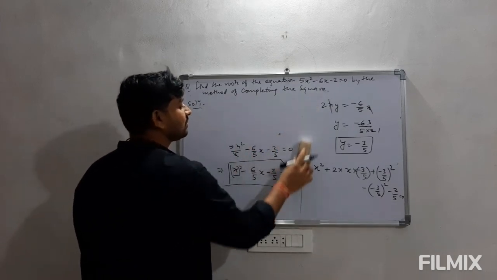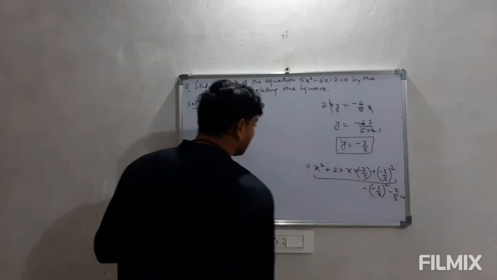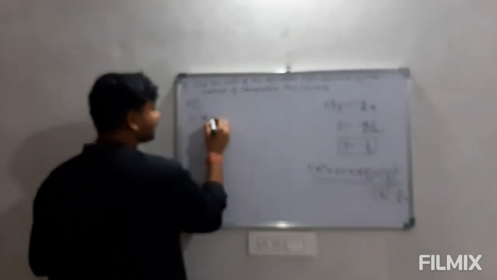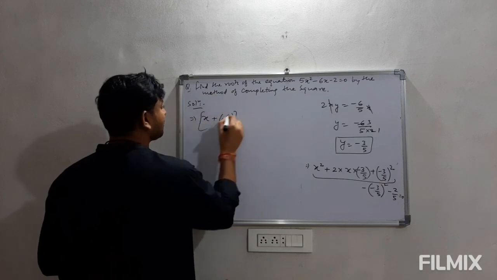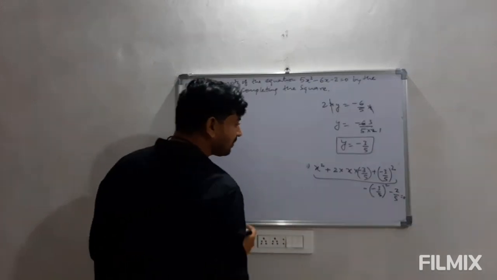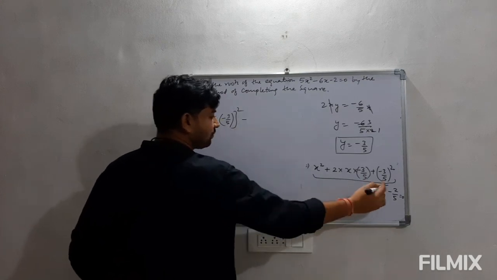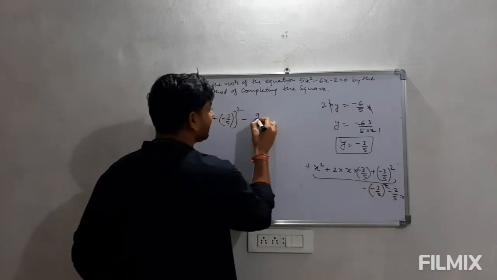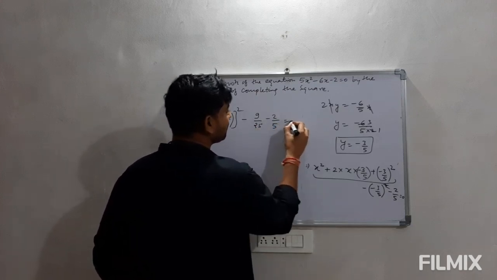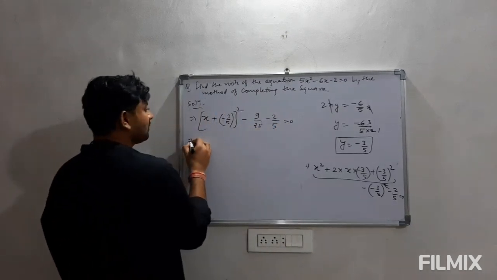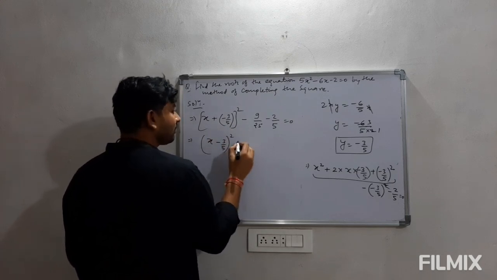Now when we look at this whole expression, this is a perfect square which is nothing but x plus minus 3 upon 5 whole square. Here is a negative number, so we have to use brackets. Then we have minus of, if we take the square of this we will be getting 9 upon 25. Then we have minus 2 by 5 is equals to 0. If we multiply this here we will get minus x minus 3 by 5 whole square.